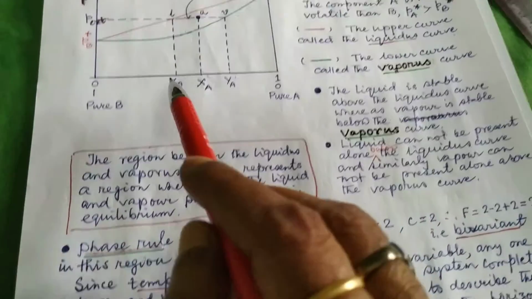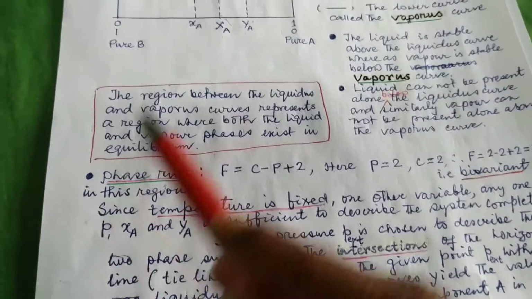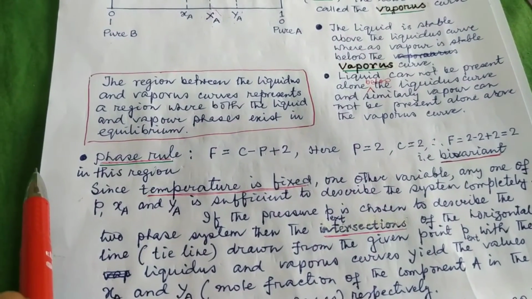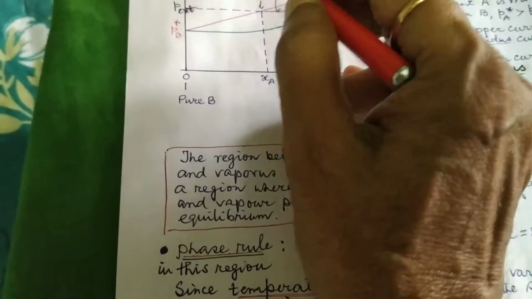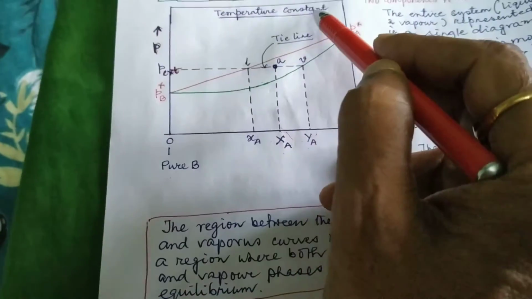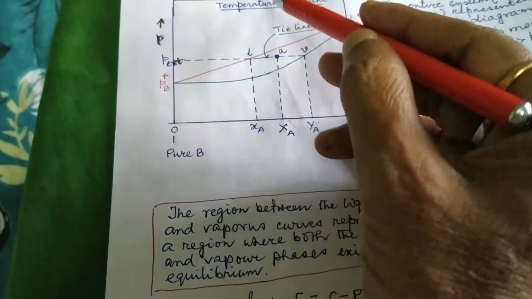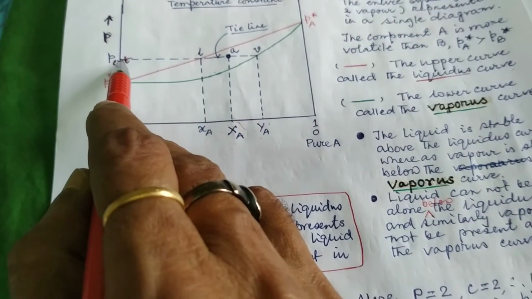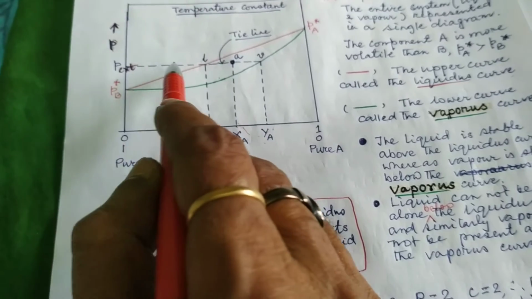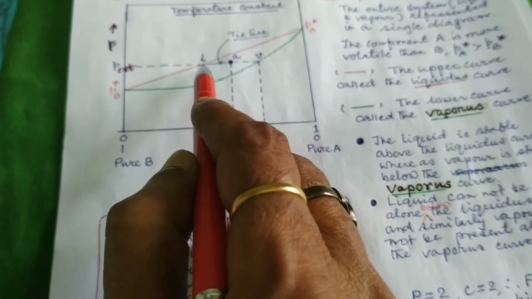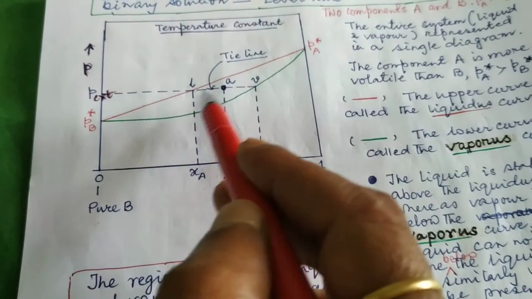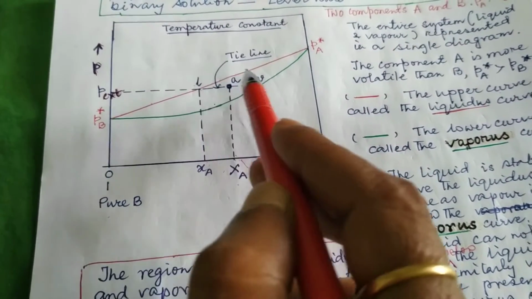So, if the pressure is chosen to describe the two-phase system, temperature is already constant. For a particular pressure, that is P external, if we draw a horizontal line, this line will intersect the liquidus curve here and the vaporous curve here.